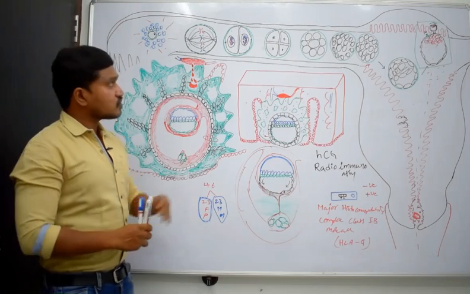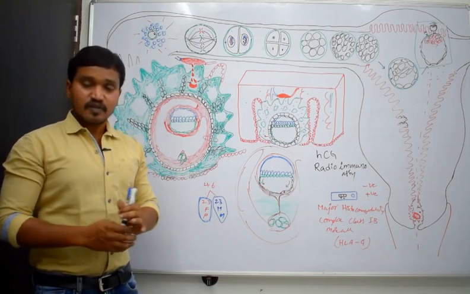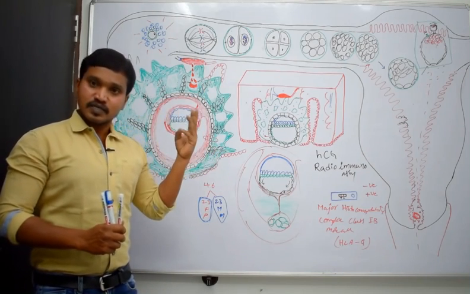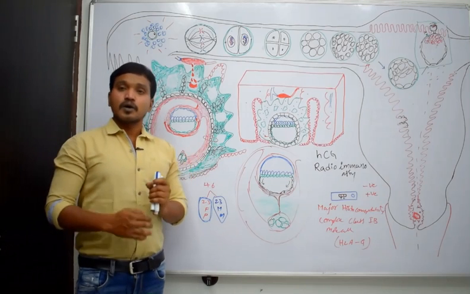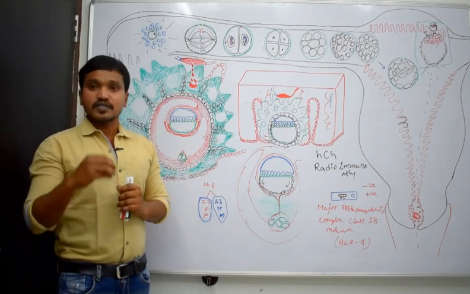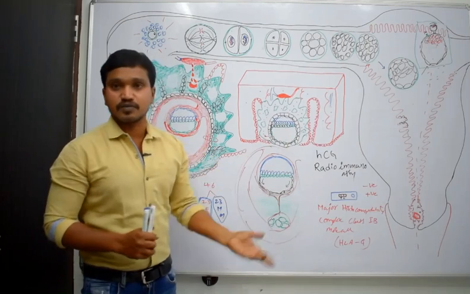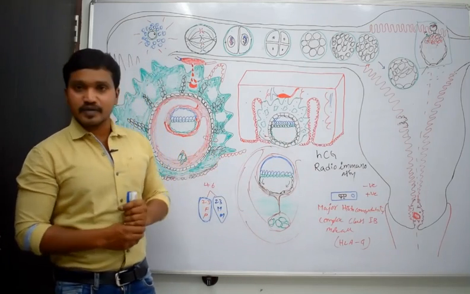Right? Usually what will happen if there is tubal pregnancy? First, the menstrual cycle will be missed, that means she misses her periods. Then she feels pain in the lower abdomen and unusual bleeding, and if she goes for a pregnancy test, the test result will sometimes be negative. That is what we call a false negative. Why is it happening?